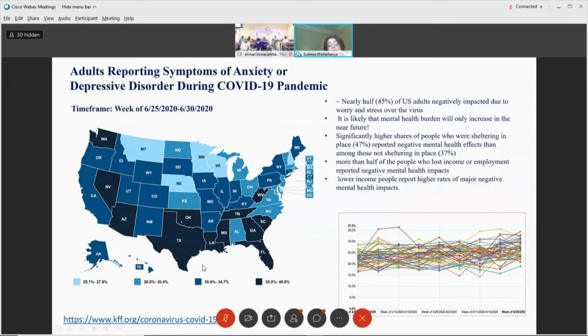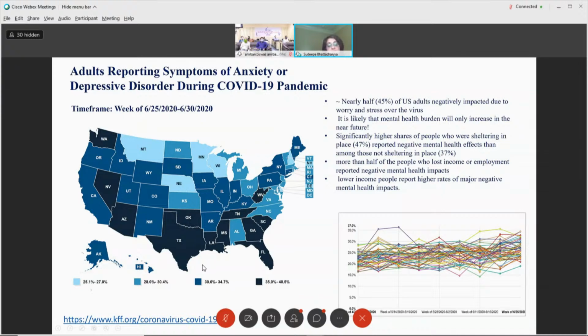And here you can see the map of the United States, with the different states reporting symptoms of anxiety or depressive disorder during the COVID-19 pandemic. You can see the colored states here, which reported the lowest percentage.